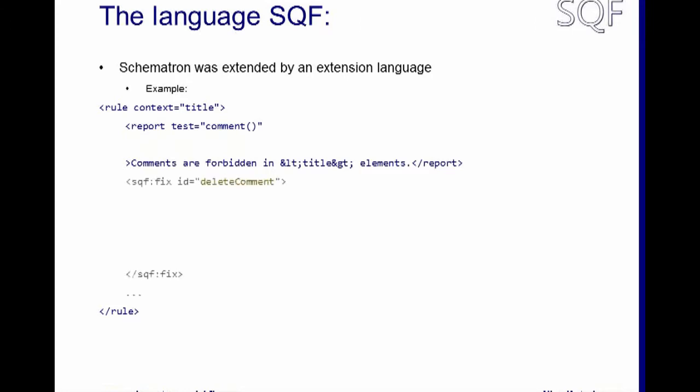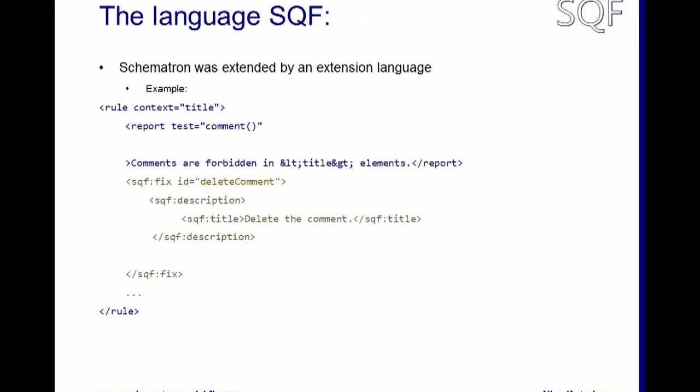So the next step is we need more space. And then I defined a new namespace with the prefix SQF to define a fix, a quick fix, with an ID. I called it delete comment because I want to delete the forbidden comments. Then the next step is the human readable description of the fix, and I chose a description element with a title and maybe more paragraphs to give more documentation to the user.